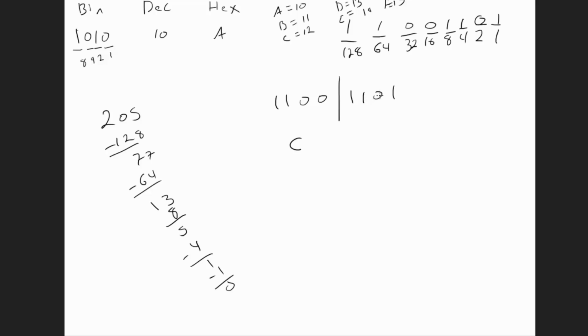We're not adding the 2, we're adding the 1, so this is going to be the number 13. So 205 in decimal, in hex, it's CD, and in binary, it's 11001101.